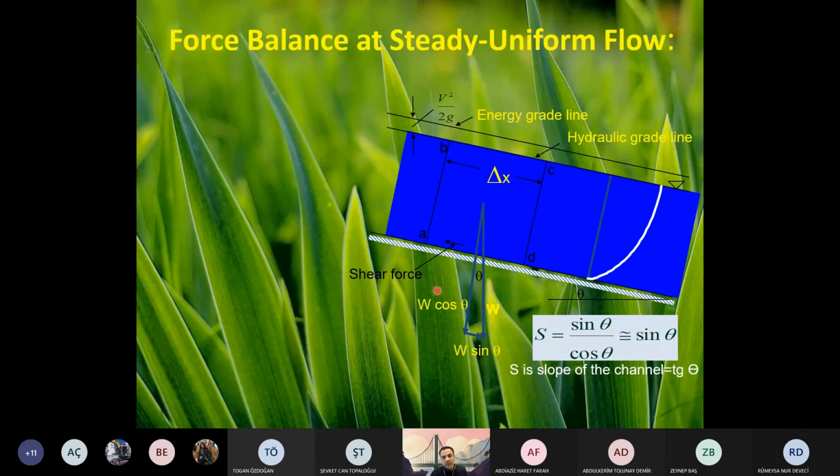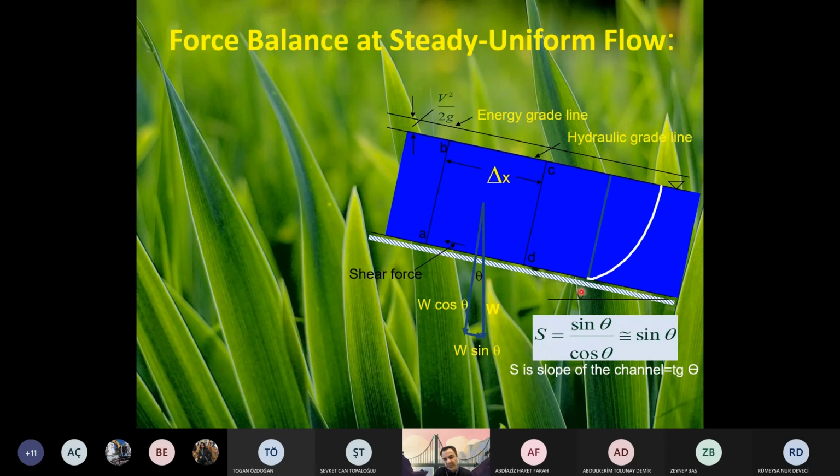Now I'm going to show you this force balance in more detail. What is gravitational force, what is drag force, and how we can express them using mathematical formulas. Let's assume this is our channel. This is bed, and there is a flow motion from upstream to downstream.